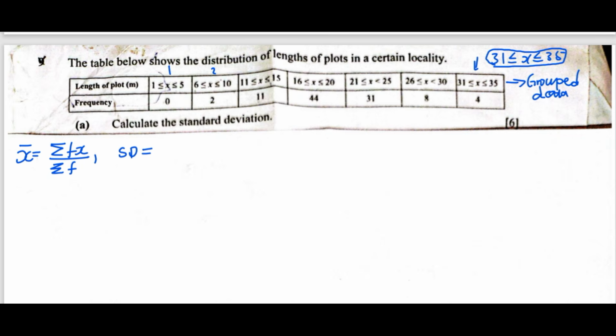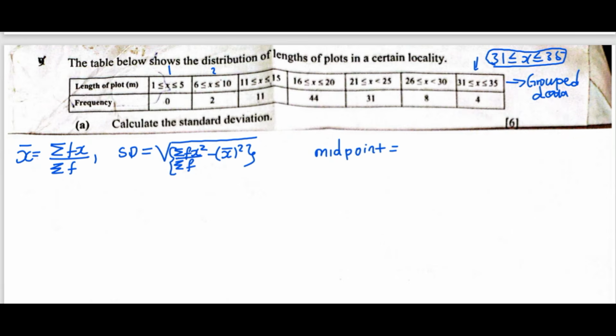If we don't want to use the table, it will be like this: we need to find the square root of the summation of fx squared over the summation of f, minus the mean squared. So that's what we are going to do. Now, what is x? x represents the midpoint.